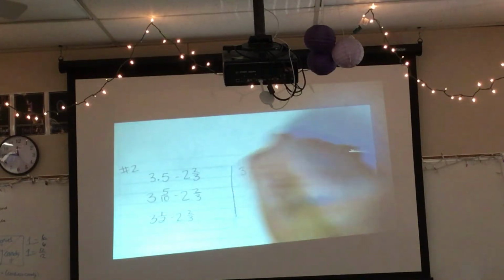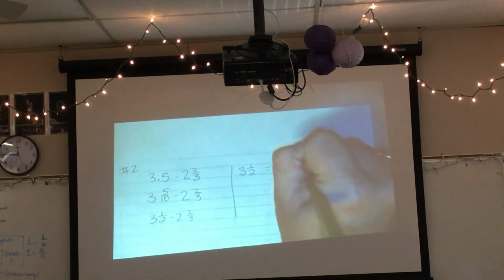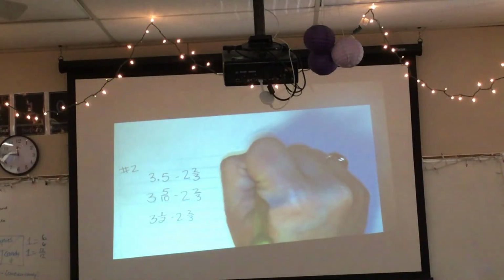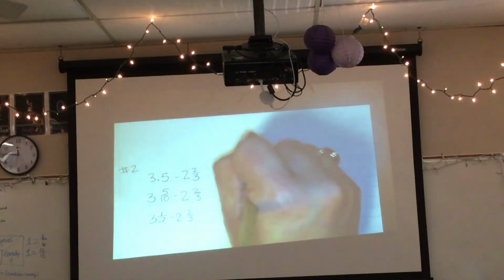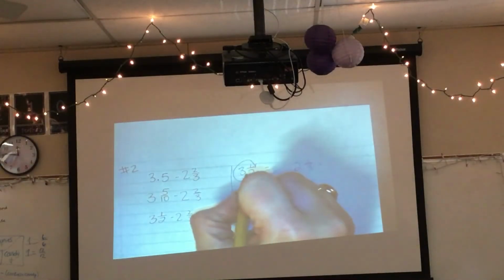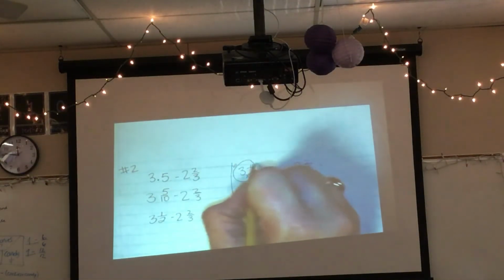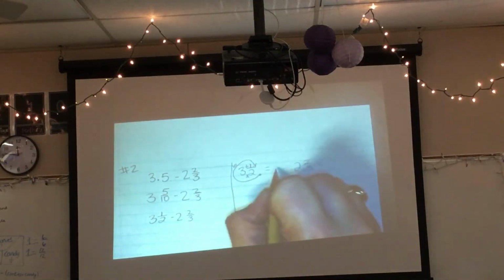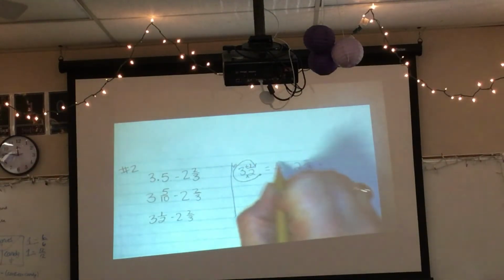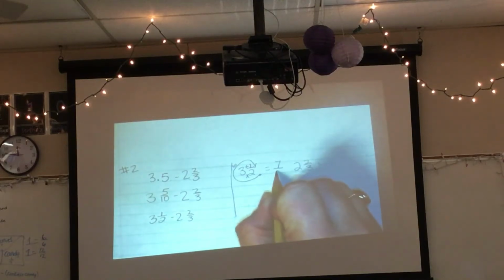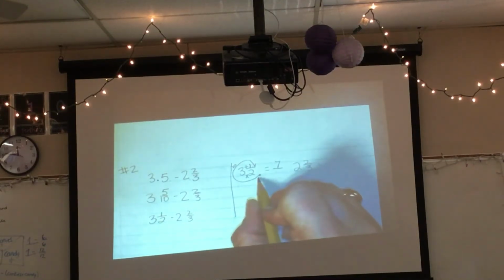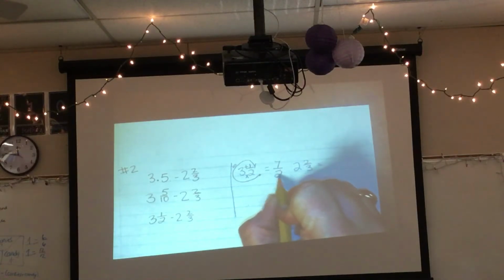Okay, so I'm going to turn 3 1/2 into an improper fraction, and 2 2/3. Taking my denominator times my whole number, I get 6. Taking that product, adding it to my numerator to get my new numerator of 7. The denominator is 2. It stays the same.